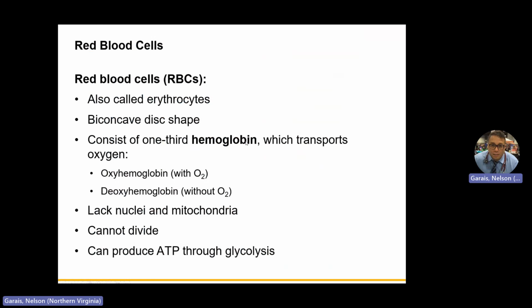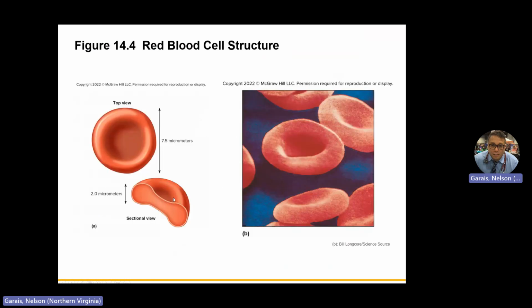Red blood cells we already talked about as they are anucleated, meaning they have no nucleus, but in the middle they have hemoglobin. Oxyhemoglobin versus deoxyhemoglobin, also known as carboxyhemoglobin or hemoglobin that carries carbon dioxide. Biconcave disc, as you can see here, this is a concave section. There's another concave section.